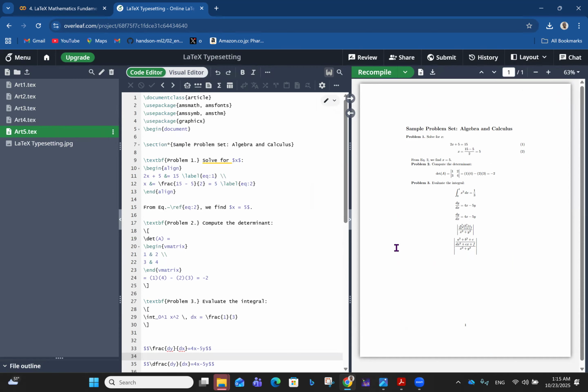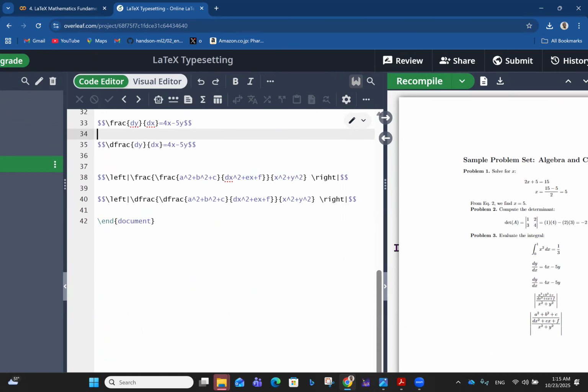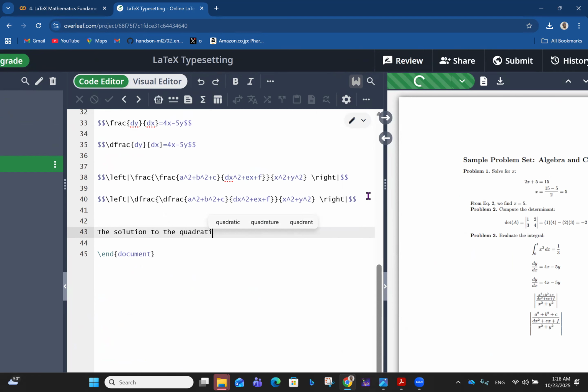So, let me just do one small thing. Say we have the solution to the quadratic equation. All right, so I can do inline now. I'm used to dollar signs, but you can use the alternative.